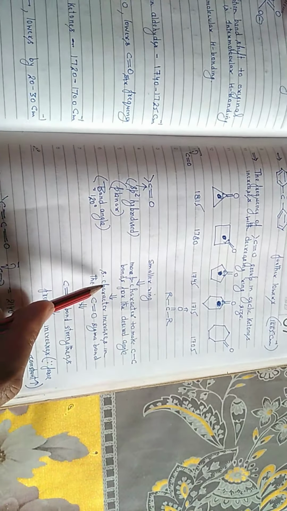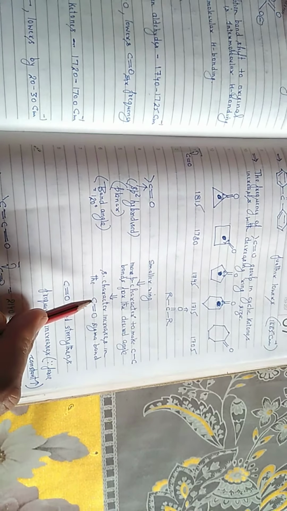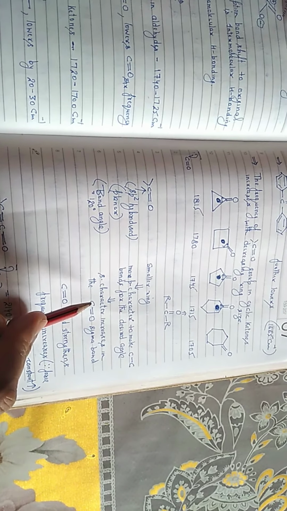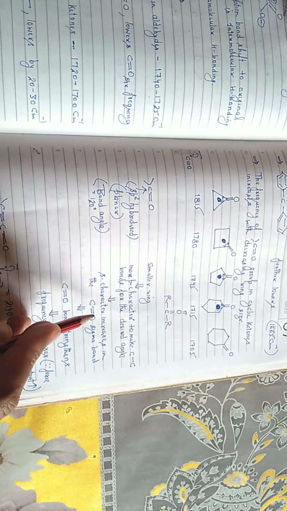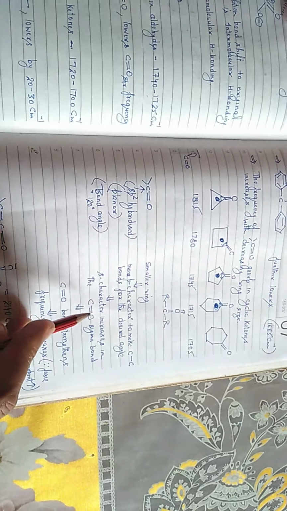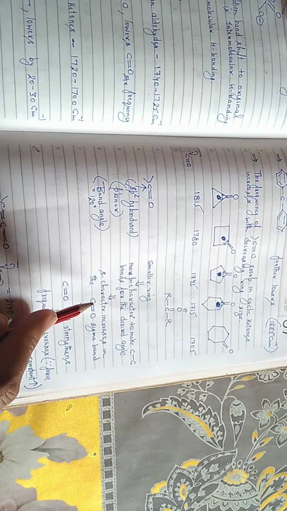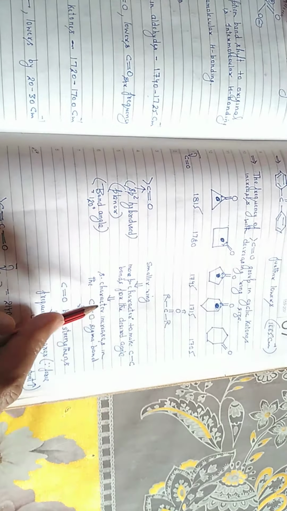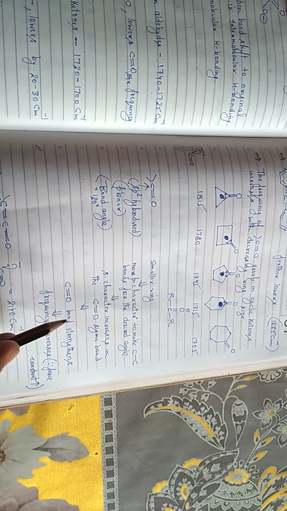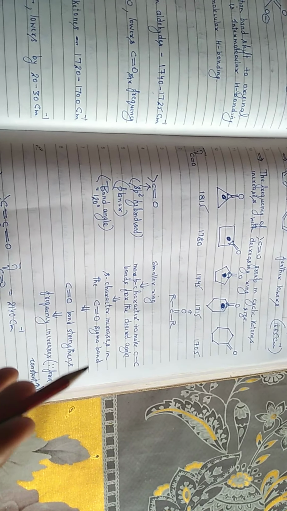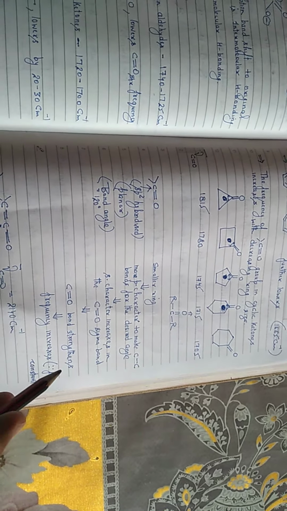Therefore, s character also increases in the carbonyl carbon atom, due to which the electrons of the CO bond are closer to the carbon atom, which makes the bond stronger, and therefore the force constant increases and the frequency also increases.